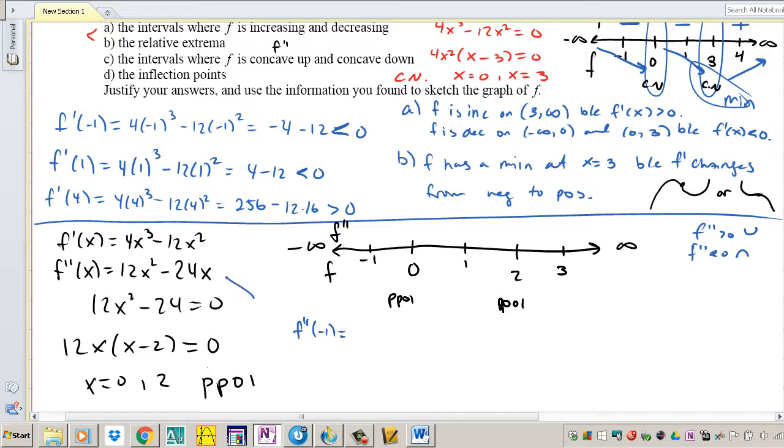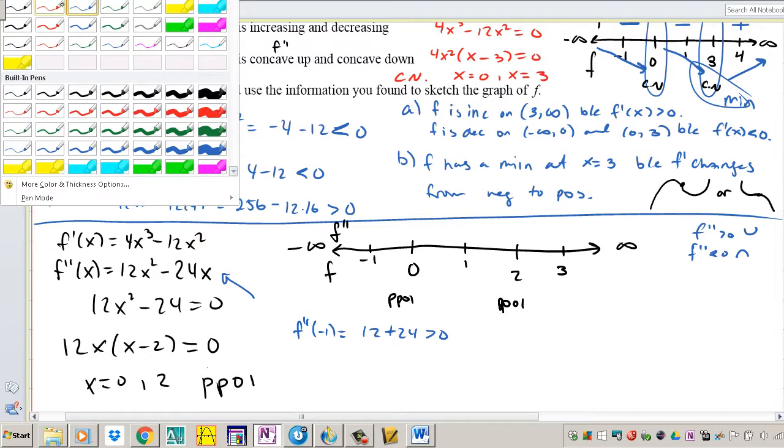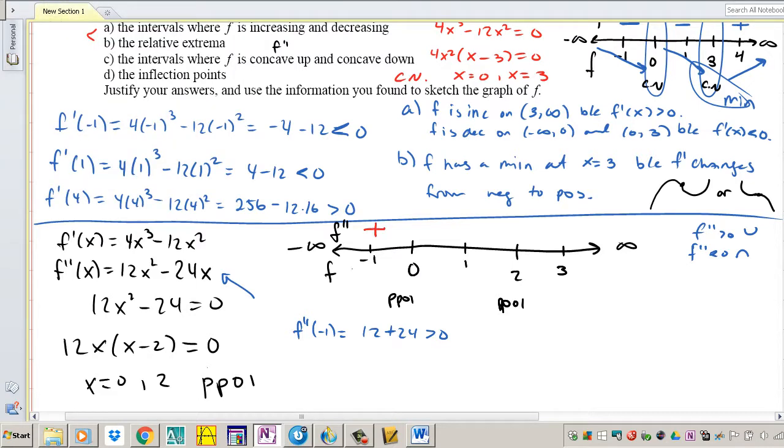If I plug in negative 1 into my second derivative, I get 12 plus 24, and that is positive. So I have a positive second derivative, which means concave up. Next is 1. If I plug in 1, I can see clearly that it's 12 minus 24, which is negative. So negative, which means concave down.